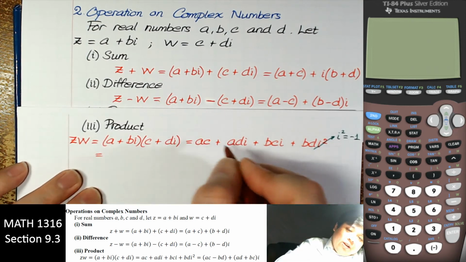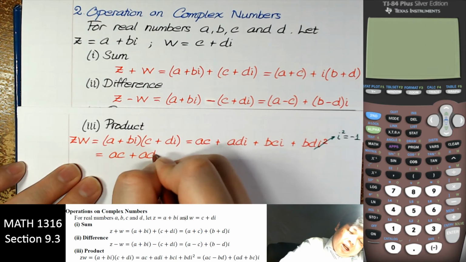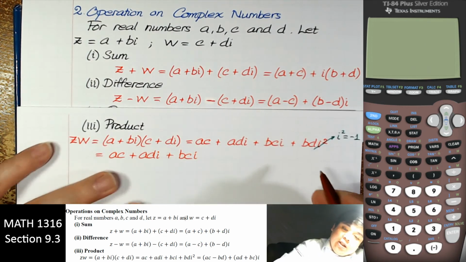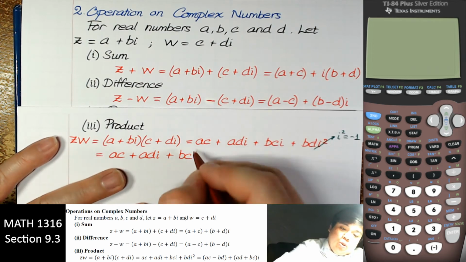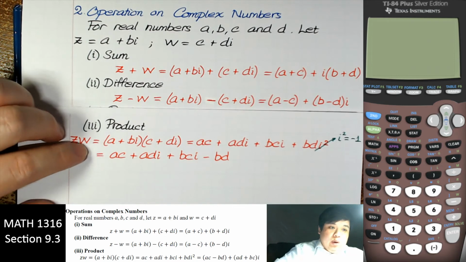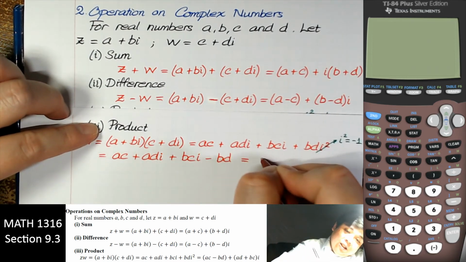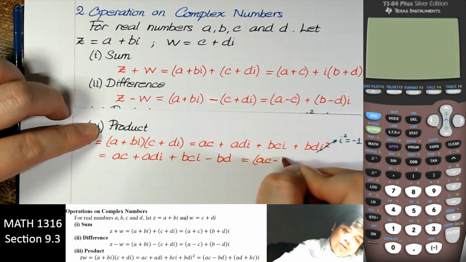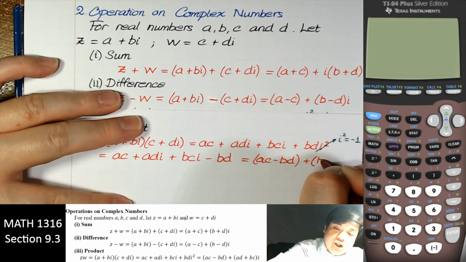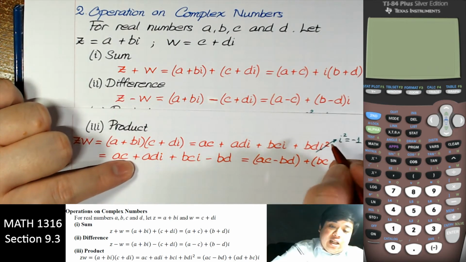Substitute this back, we have ac plus adi plus bci, and then i squared is -1, so we just have minus bd. And then finally we put the real part together, ac minus bd, and then the imaginary part together, ad and bc.